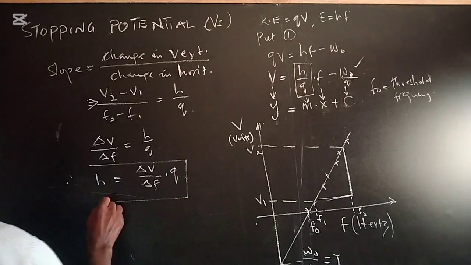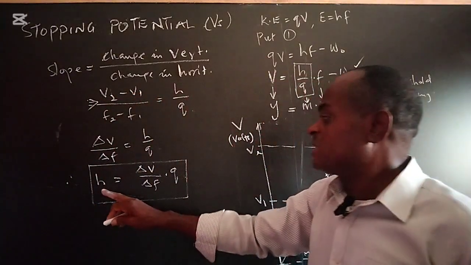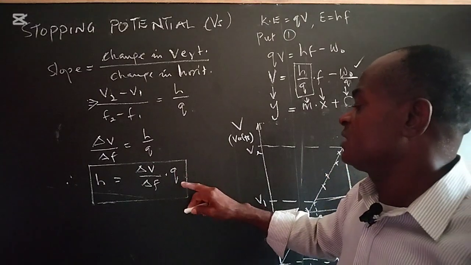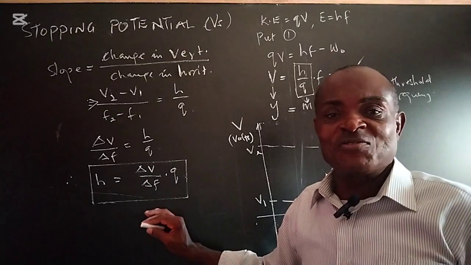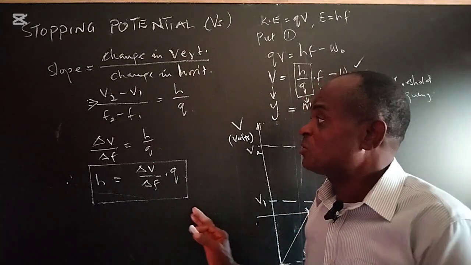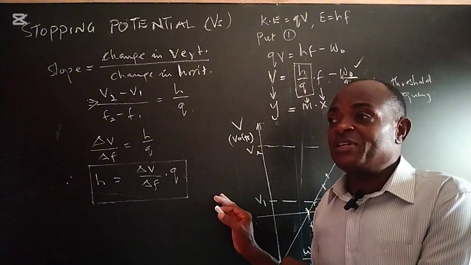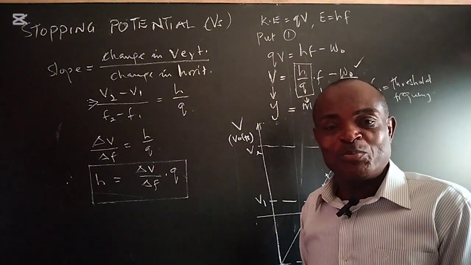So from this equation, we are able to determine the Planck's constant, even the electronic charge, and so many other variables that you may be asked to find. You see how applicable it is to the practical aspect of physics. This is very interesting. You take your time to learn it. I hope you learn it.